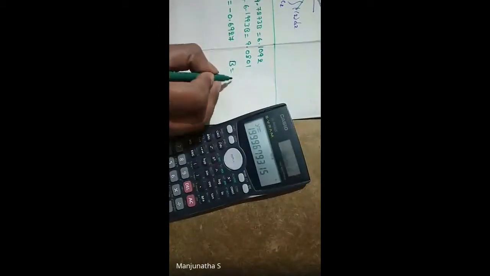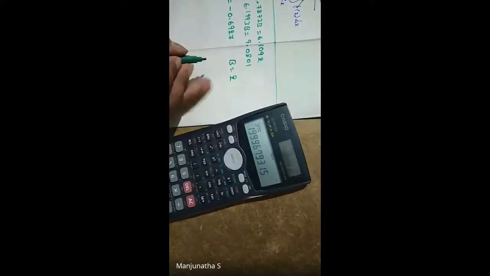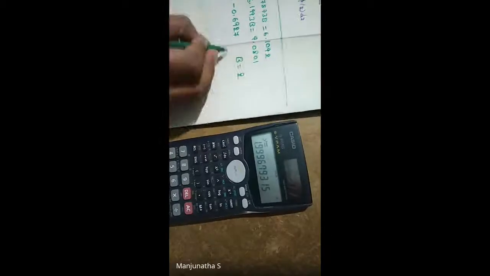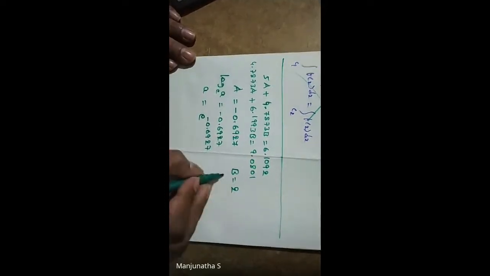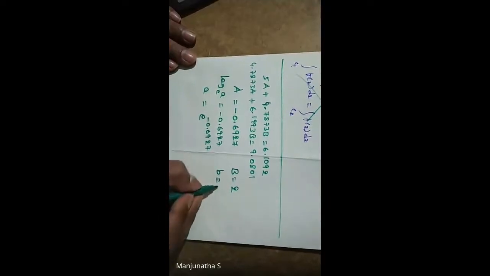So capital B is equal to 1.9999. So it is 2 we can take, approximately. So capital A is nothing but log small a to the base e. So we need a. When you take exponential on both sides, exponential and log get cancelled to give a equal to e power minus 0.6927. Capital B is nothing but small b.